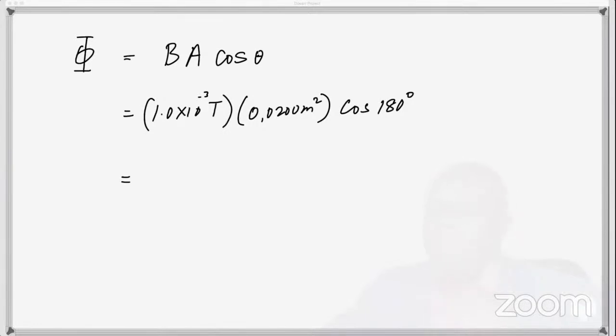What is the answer? What do you get? I got -2 times 10 to the -4. Okay. So 0.02, if we want to write this in standard form, this will be 2 times 10 to the -2.